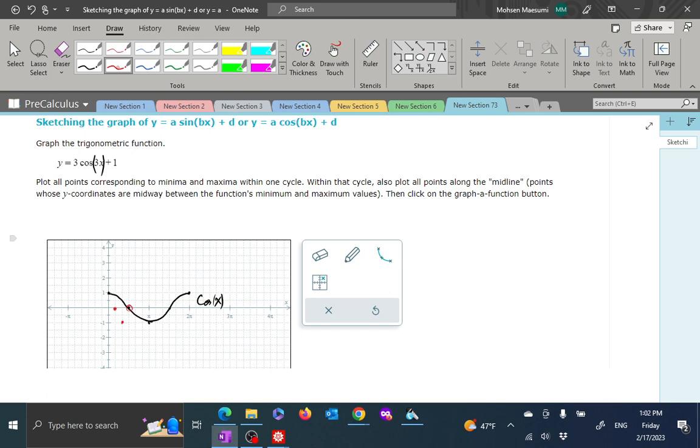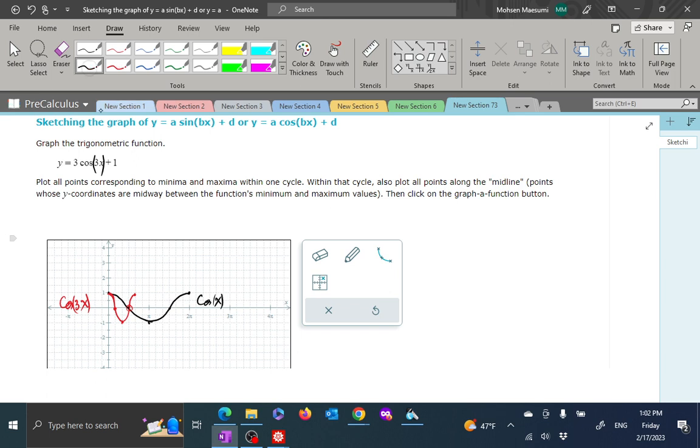And then this is 12, 1/3 of that will be, of course, 4. So what happens is that you have the picture looking like this. This is step 1. So far, that is cosine of 3x. So we did step 1: horizontal compression by a factor of 3.